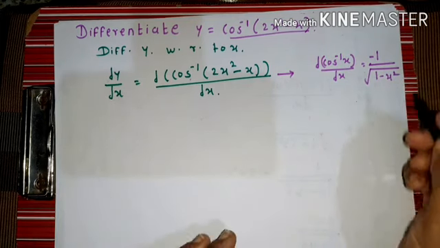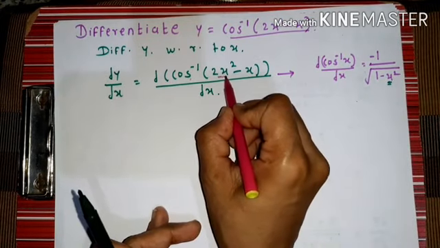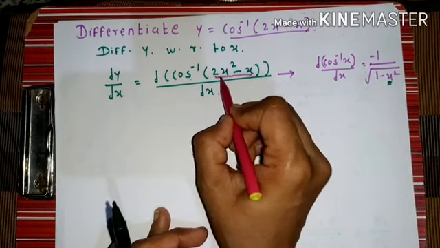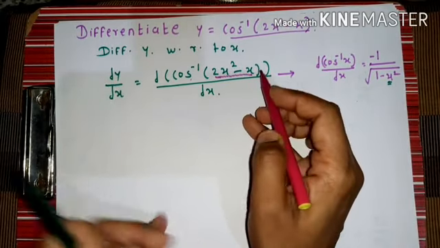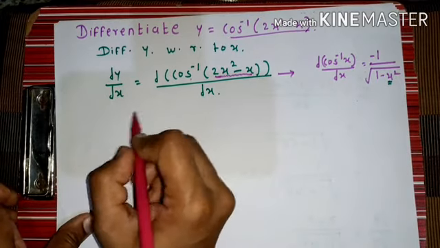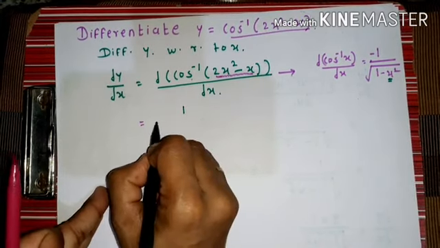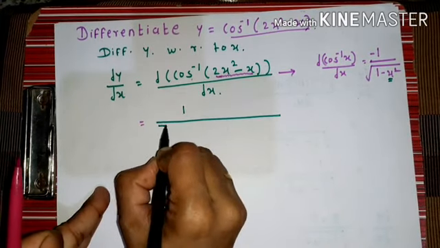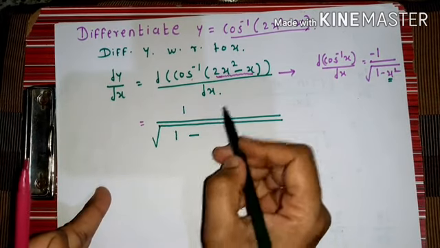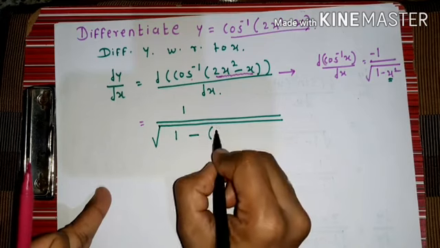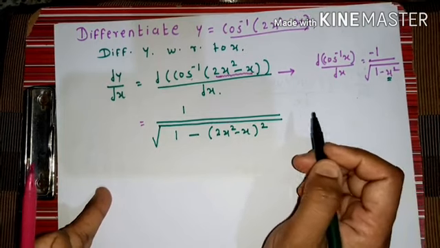So, only instead of x here, the value of x is 2x square minus 1. Okay, note this step. The value of x is 2x square minus 1 here. And therefore, differentiation of this is equal to 1 upon square root of 1 minus x square. And what is the value of x? That is 2x square minus 1 whole square.